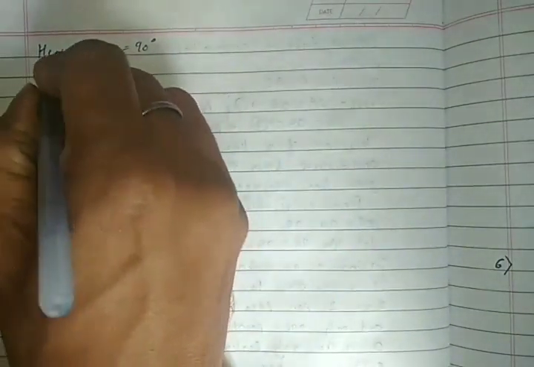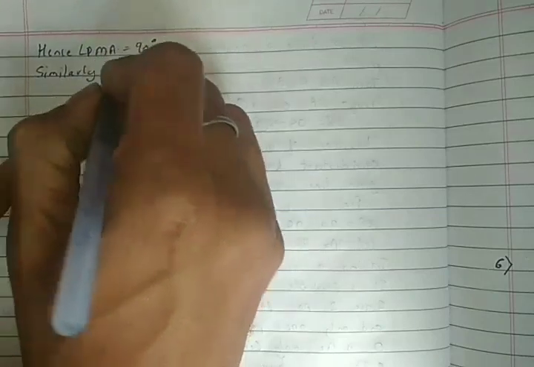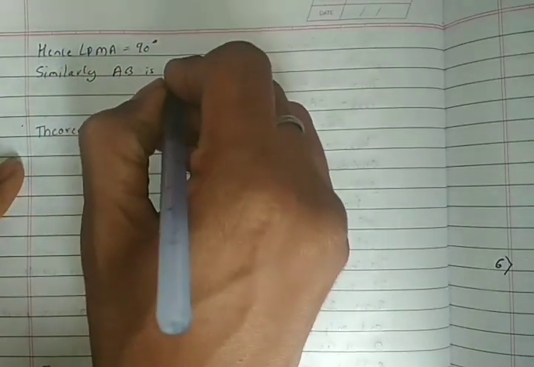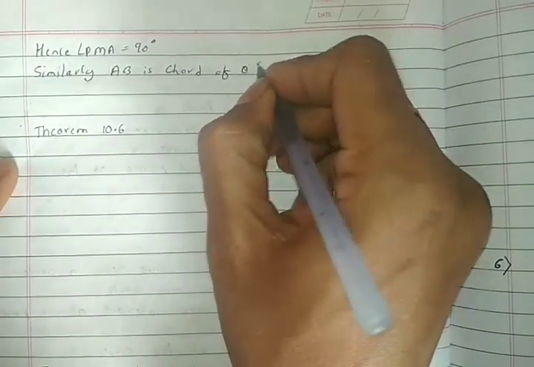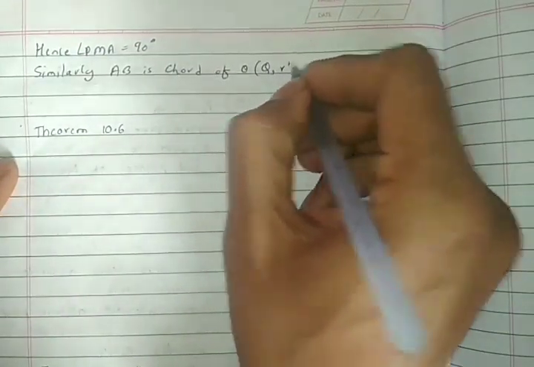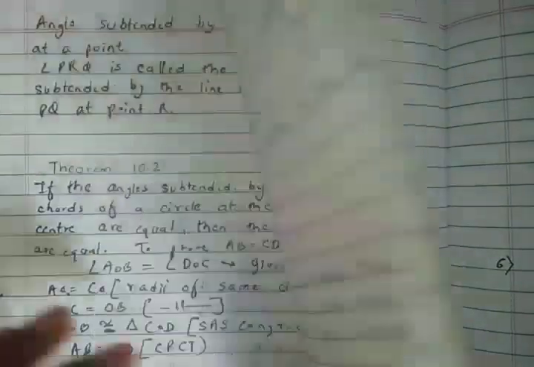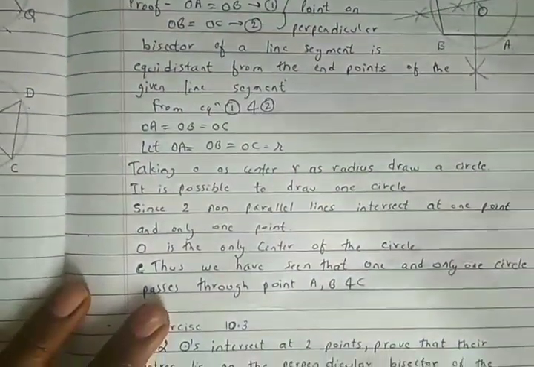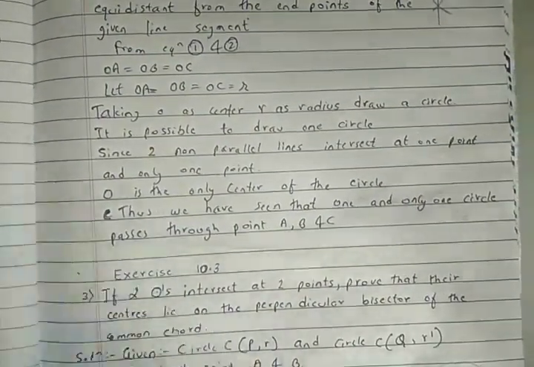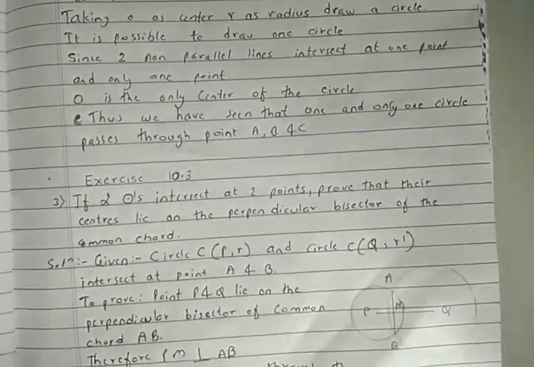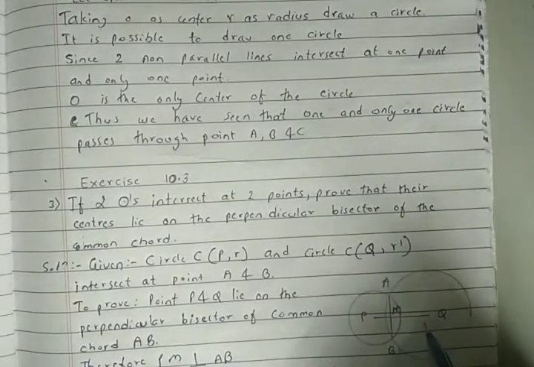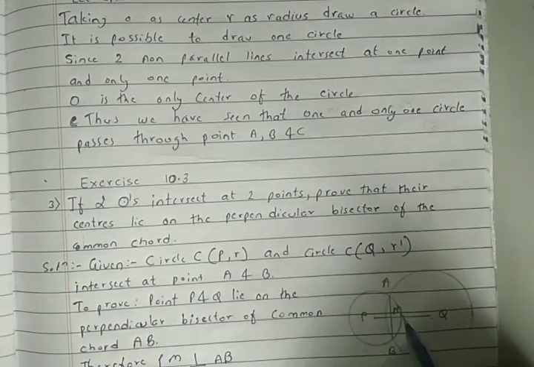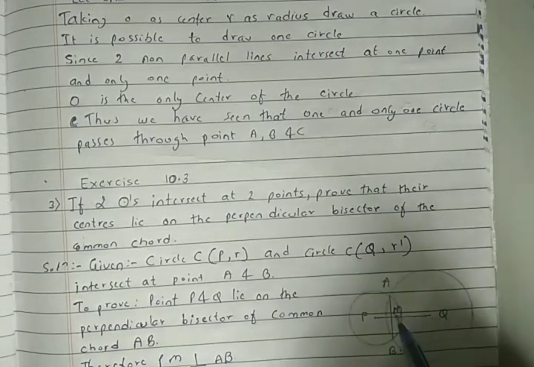Similarly, we can say that AB is chord of circle with center Q and radius R dash, and this QM or MQ is the bisector of this chord AB.